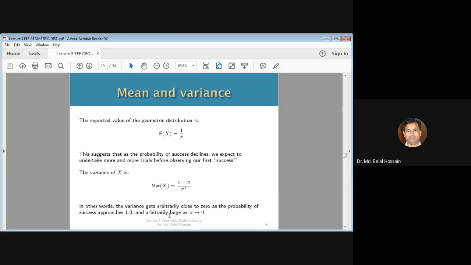And arbitrarily large as pi tends to 0. pi যদি 0 হয়, 1 কে 0 দিয়ে ভাগ দিলে সেটা অনেক বড় ভ্যালু। So that means variance will be very large in case pi tends to 0, or if pi equals 1, then variance will be close to 0. So those are the mean and variance of geometric random variable we have to remember.